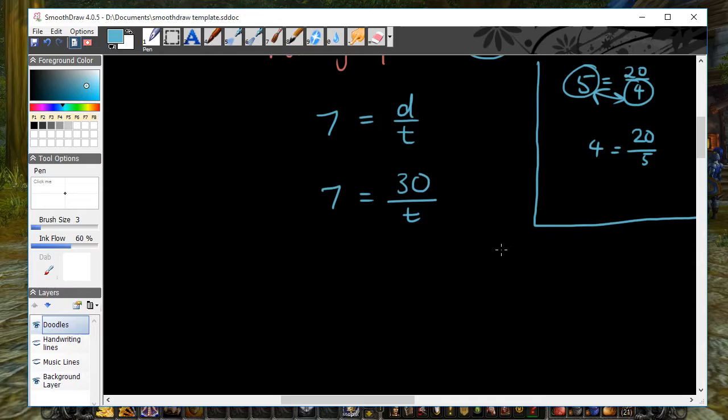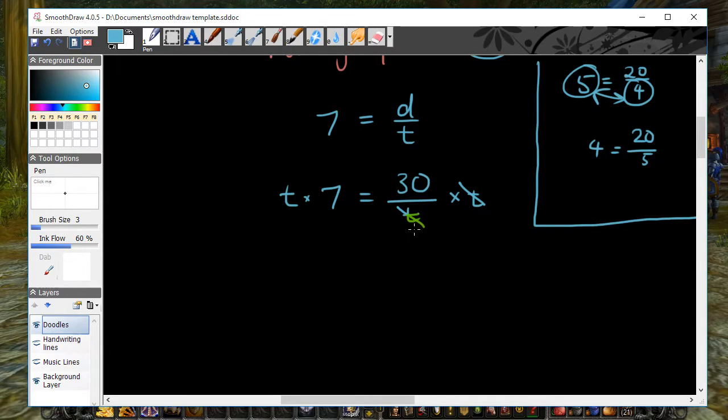You can also explain it using the balancing equations technique. With balancing equations, you can do the same thing to both sides of the equation. So if I multiply both sides by t, when you divide by a number and then multiply it again, you have effectively cancelled out the effect of this operation.